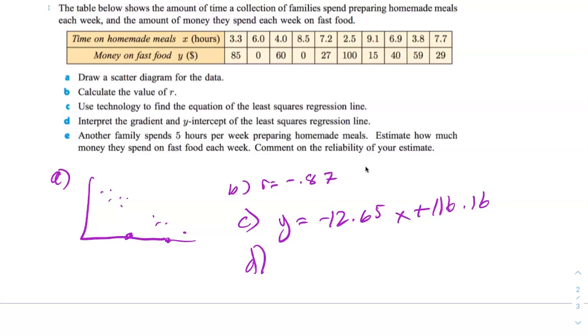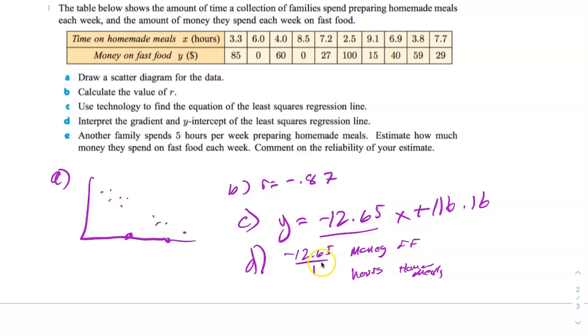So for the slope, look here at my slope, negative 12.65, and put that over 1, and that's y over x. So what's y? Money on fast food. And then what's x? Hours of homemade meals. So it looks like you save $12.65 for every 1 hour of homemade meals.